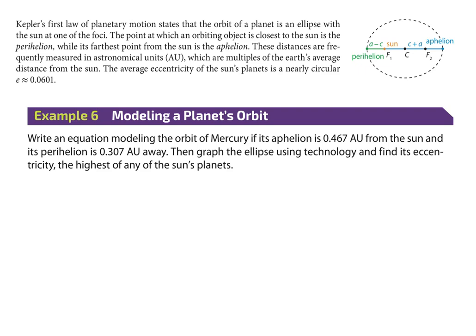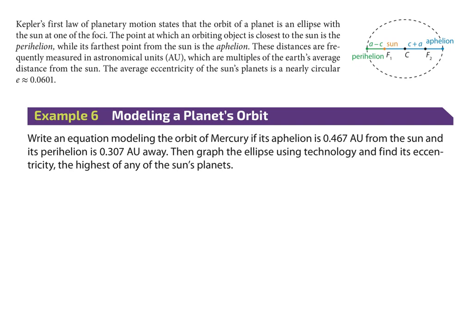The average eccentricity of the sun's planets is nearly circular. If you study the history of this, they thought all along that the planets were circular motion, but then it didn't add up when they started looking at movement, okay? The movement didn't make sense. And so Kepler is the one who said, I think it's not actually a circle. I think it's an ellipse. And so that's where he's credited with this law of planetary motion.